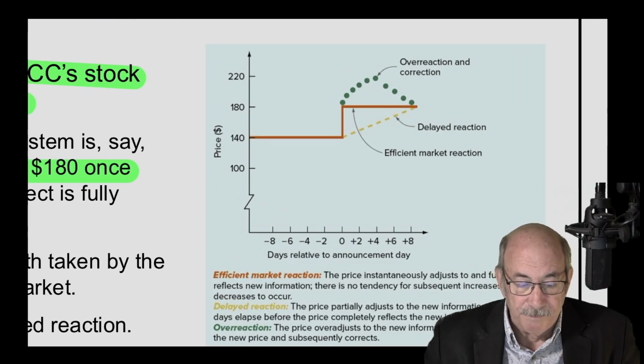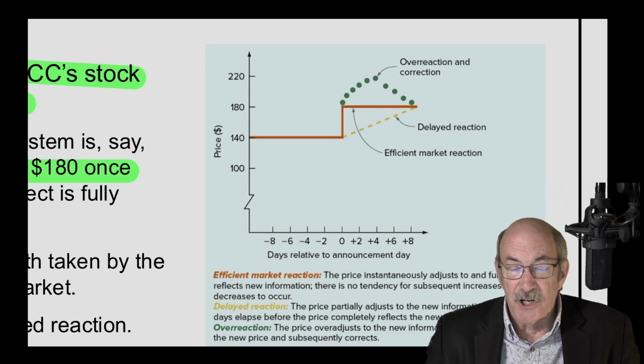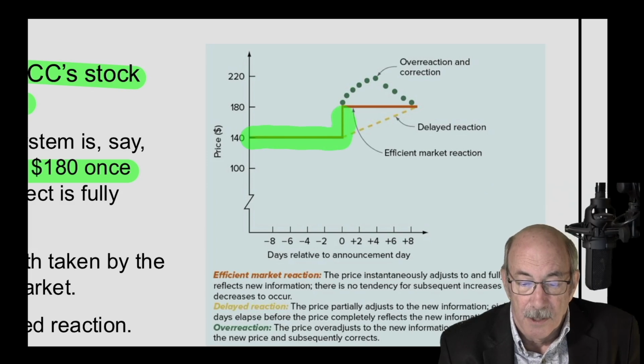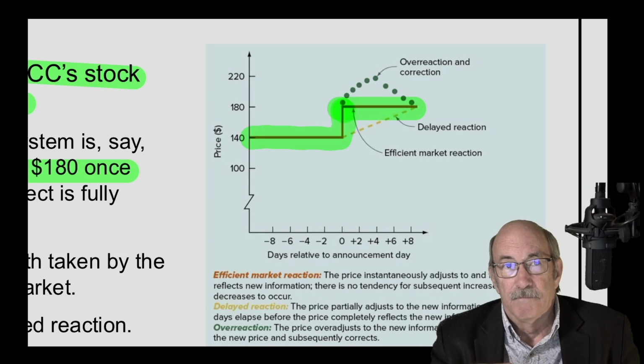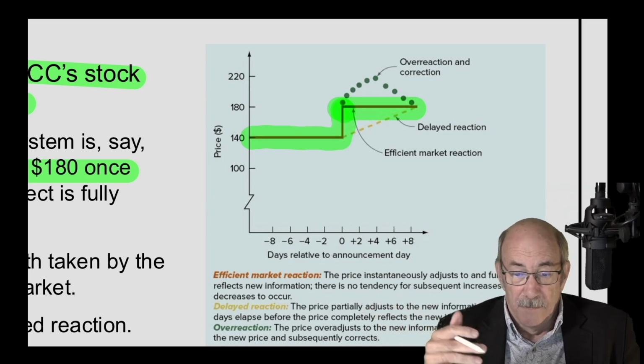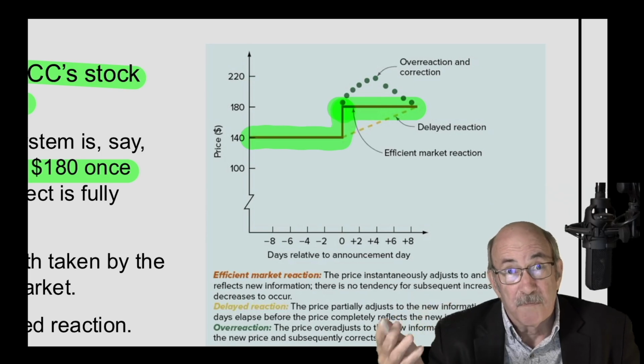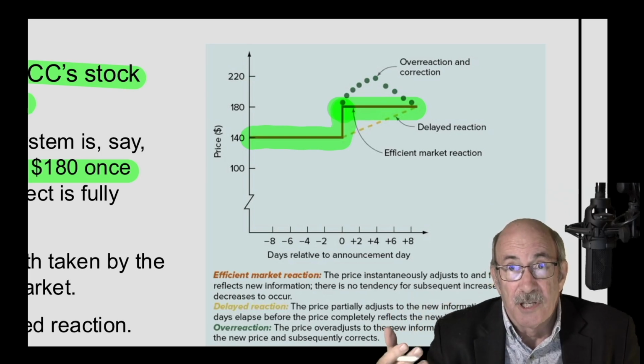All right, so let's go over here and look at this graph, because this is really easier to understand when we look at this. An efficient market would follow this line right here and go up immediately on the day of announcement, and then it would level back out until there's more new information. Well, not all markets are efficient, or at least not to this level, right? Just for the reason that I just mentioned, the uncertainty.